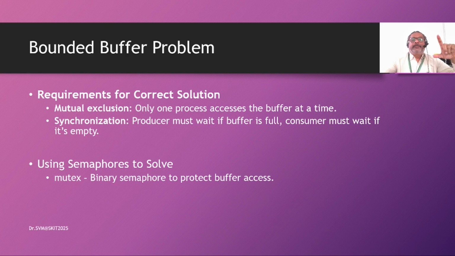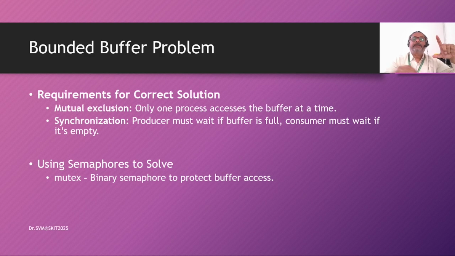So we need one semaphore to ensure that only one process at any given time will access the buffer. That's a mutex, a binary semaphore, which says whether it is being used or not being used. If somebody wants to use it, like the producer wants to write, first it should ensure that the consumer is not reading it.